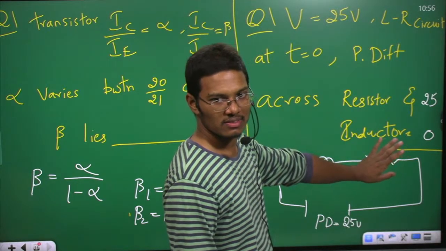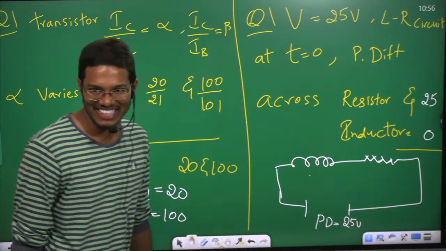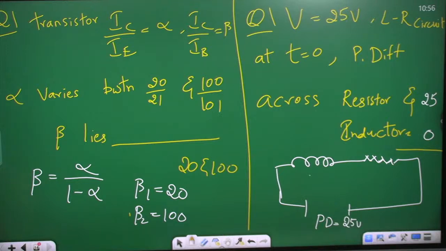Is that what you are trying to say? Think. Inductor, capacitor, resistor. See, resistor is always constant, okay? No worries about resistor. So think about inductor and capacitor. Resistance is 0. So potential difference 0. Potential difference across the inductor. So think. So what is the difference between inductor and capacitor at time t equal to 0?